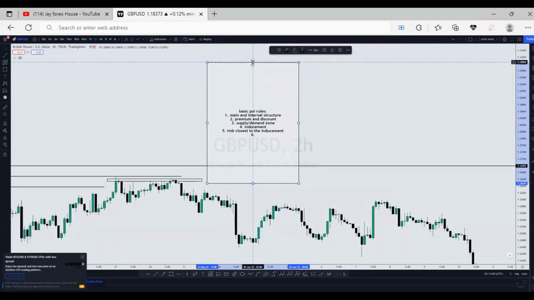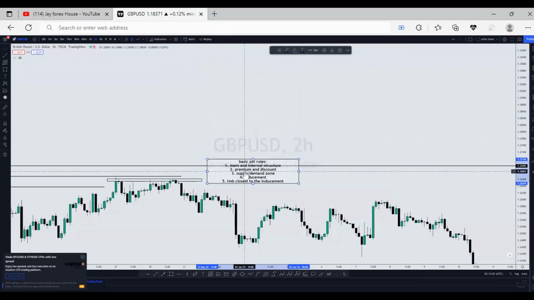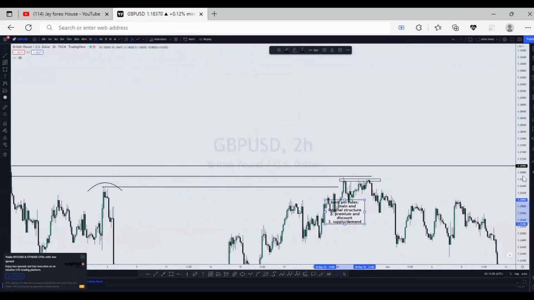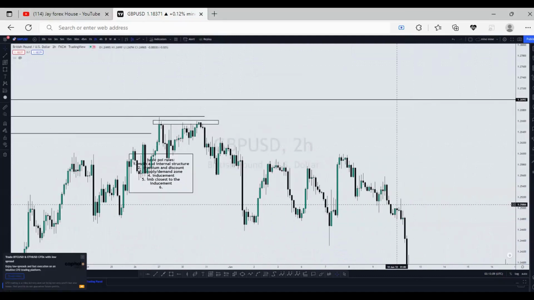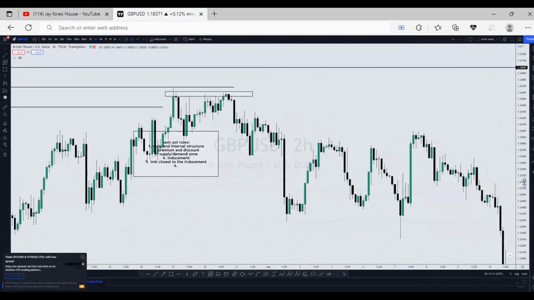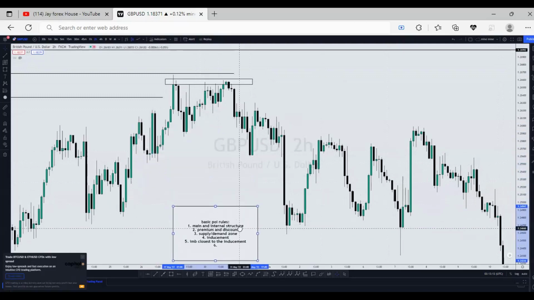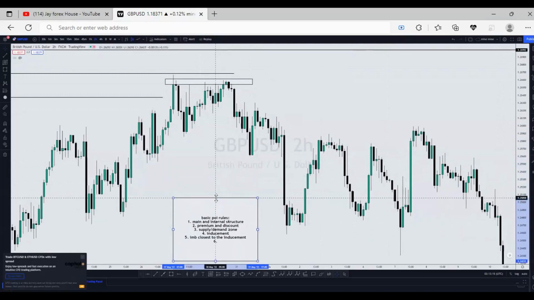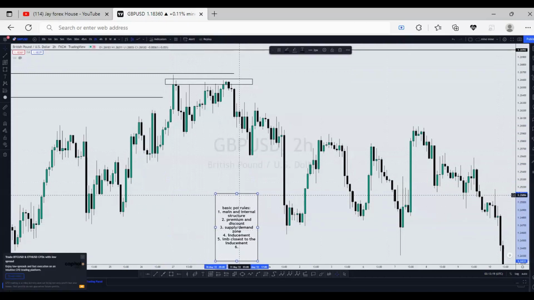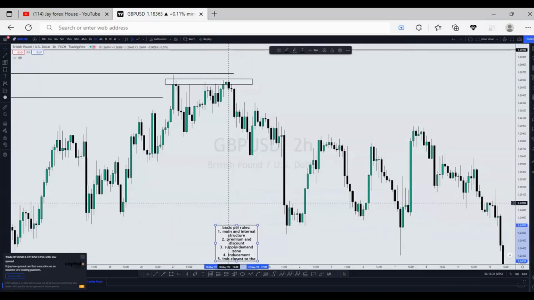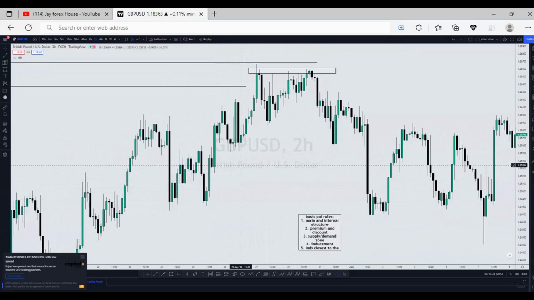Let me just bring that down. Number one, we have main structure. Some of you might be asking which is the main structure on the lower time frame. We have the 2 hour. This is the 2 hour time frame, right?